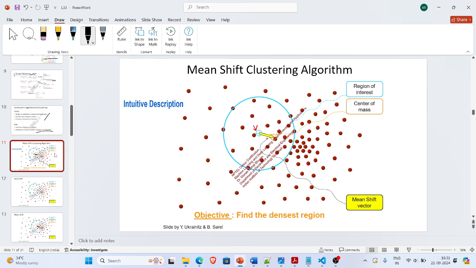This blue circle is the one, and the center of this circle, the centroid you can say, and we calculate the center of mass of the points, which will be at some distance from the center of the circle. At every step we are moving the region of interest towards that center of mass.